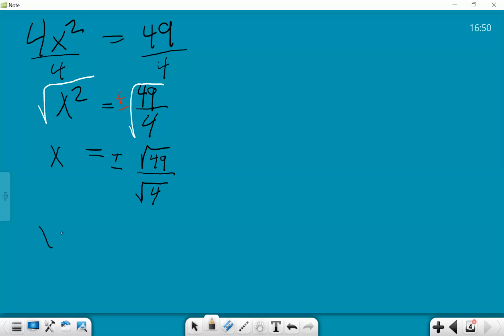This is going to leave me with x equals plus or minus the square root of 49 on top, which is 7, over the square root of 4 on the bottom, which is 2.